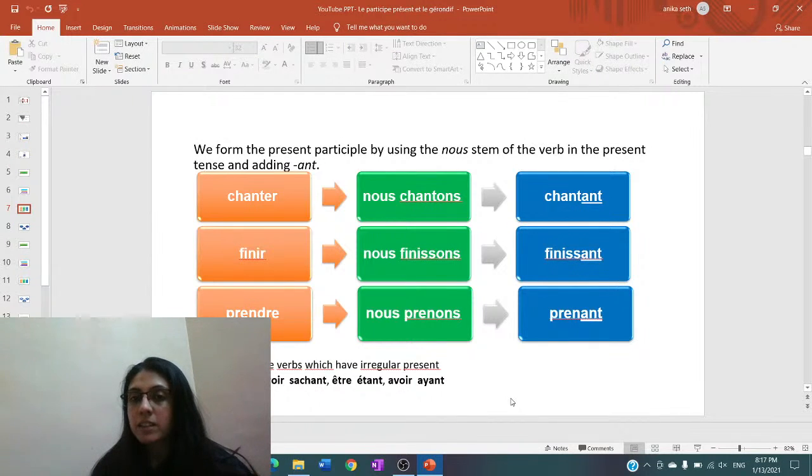Add ant to it and it becomes chantant, the present participle of the verb. And we do not put any subject pronoun with it because, as I said, it is an impersonal verb mood. It is not dependent on any subject pronoun. Then next is the verb finir, which is conjugated as nous finissons in the present tense. Again remove ons and put ant.